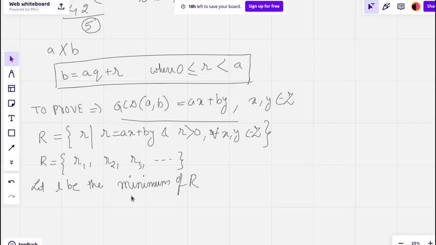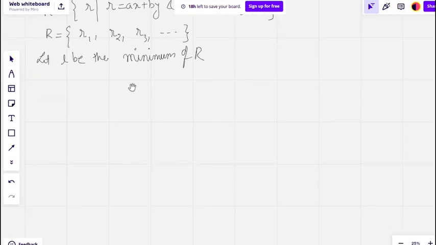Let me just scroll a little bit up. So if L is the minimum of R, then L equals AX plus BY, because all the elements of R come from the AX plus BY form.